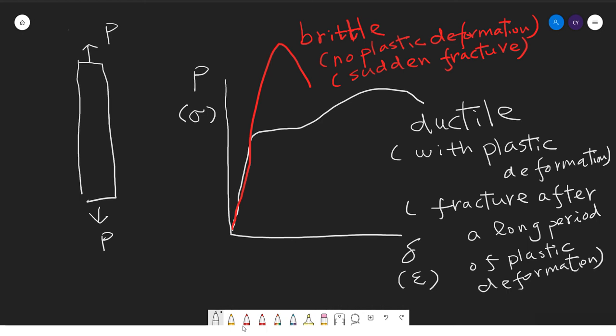That means this is not sudden. We cannot say this is a kind of sudden fracture. It's a fracture with warning.